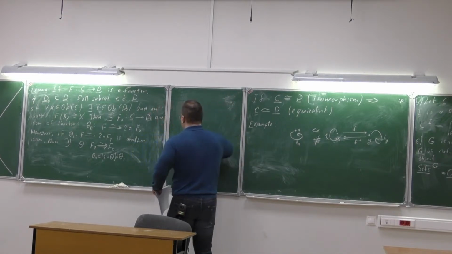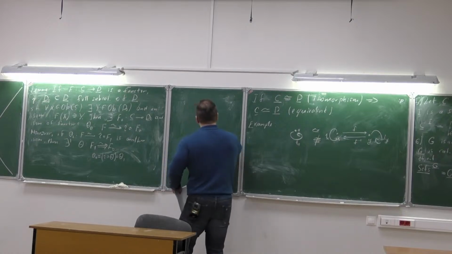So you can factor this through the subcategory D naught, and you can factor this essentially in a unique way.